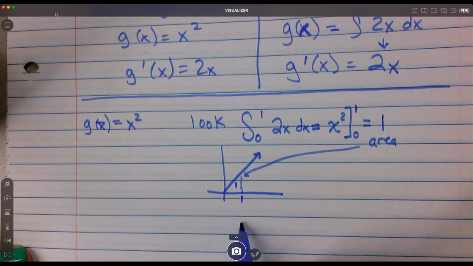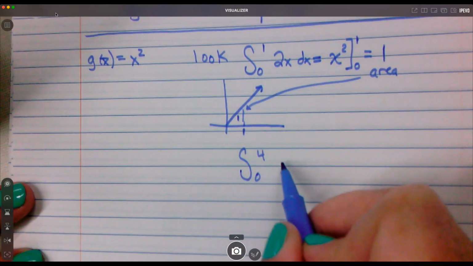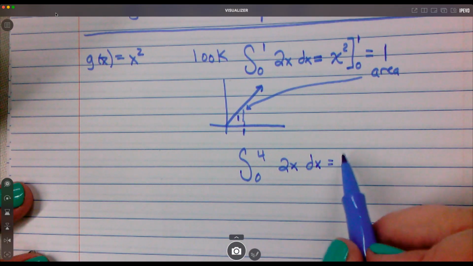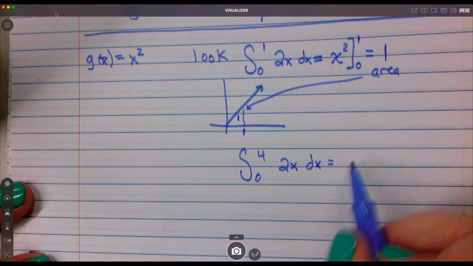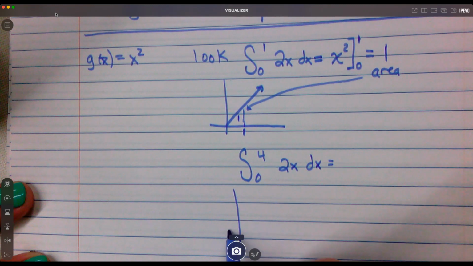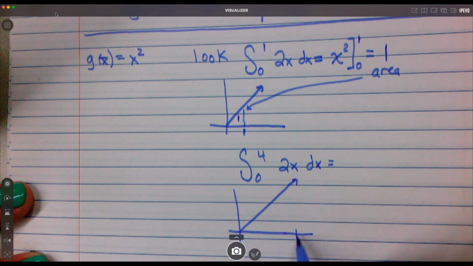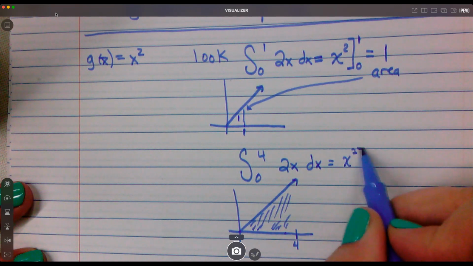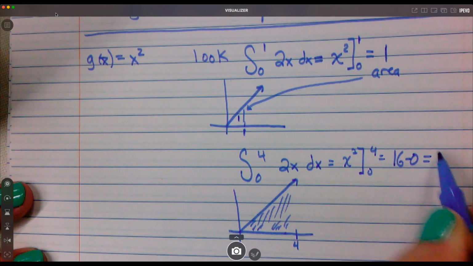Let's do one more. Let's say that we have an integral from 0 to 4 of 2x dx. And I'll let you go ahead and figure that out using the other part of the fundamental theorem, where you take the antiderivative and plug in. And we got 16, right?